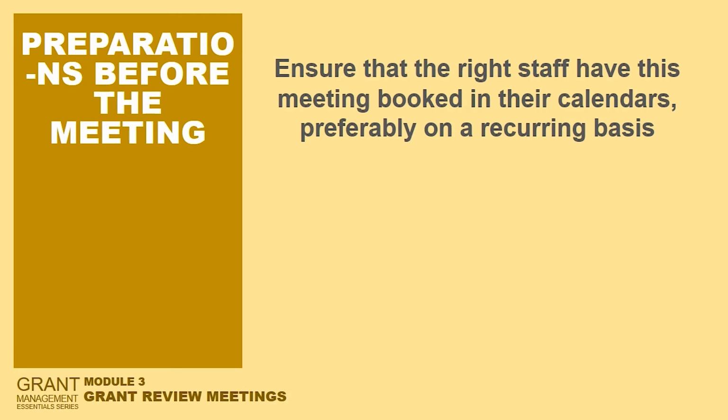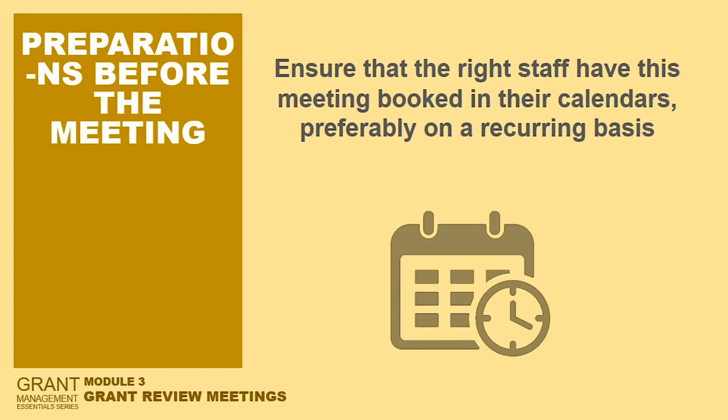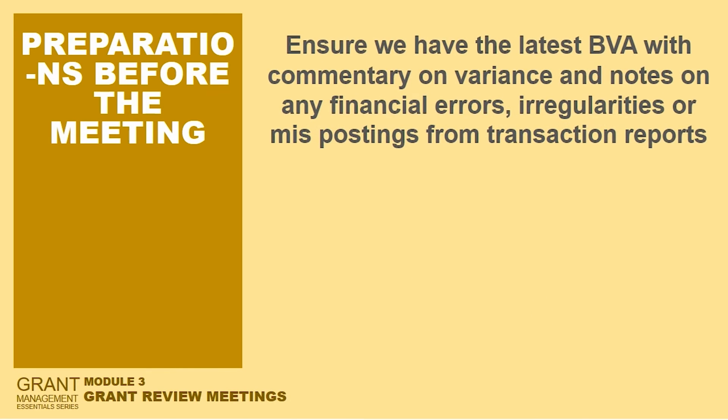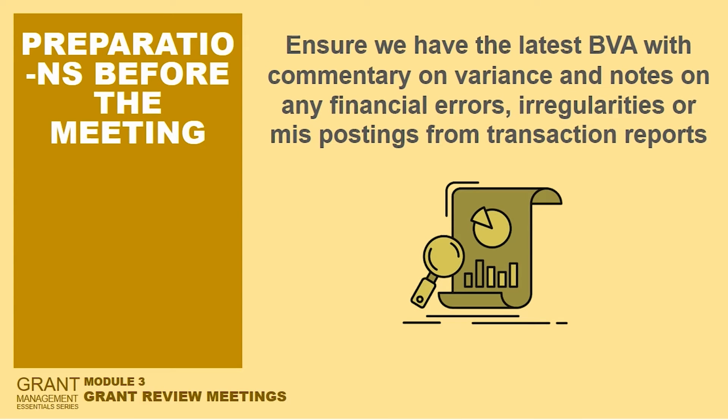So, before the meeting, we need to undertake the following preparations. Ensure that the right staff have this meeting booked in their calendars, preferably on a recurring basis. Ensure we have the latest BVA with commentary on variance and notes on any financial errors, irregularities, or mispostings from transaction reports.